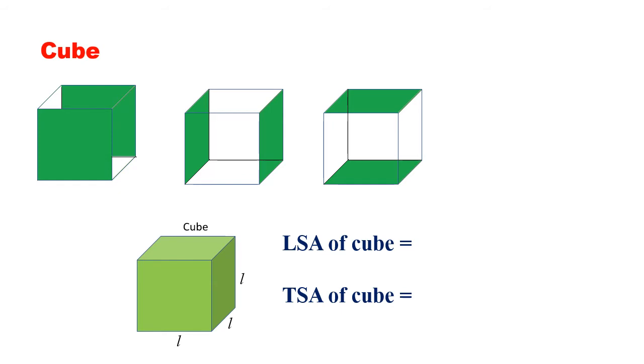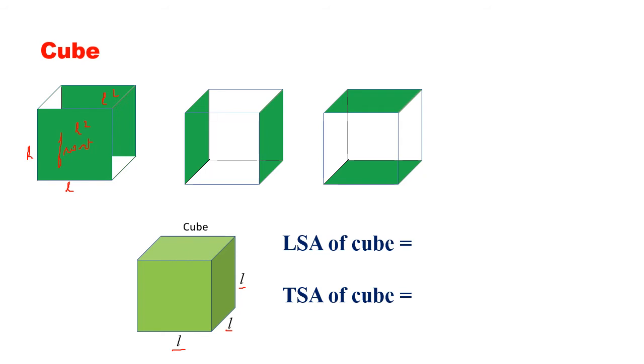Now the speciality of the cube is, in the cube all the sides are equal. In the cuboid we had a length, a breadth and a height which were different. In a cube all the 3 are the same. So the cube has got the same length, same breadth, same height. So you can see the front has got L, L. So the front side is L square, even the back side is L square.